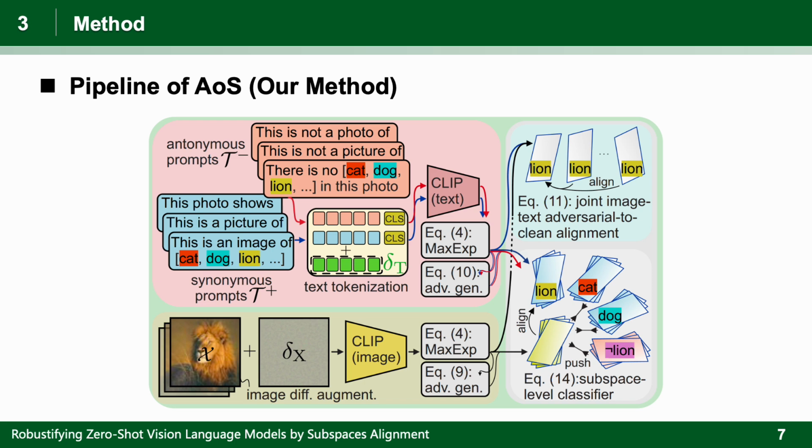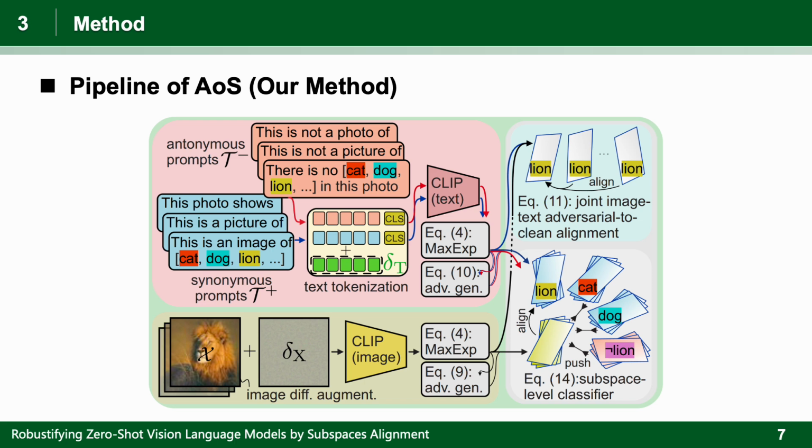And here we use CLIP to encode both the image set, original plus standard augmentations, and text prompts. We learn a universal adversarial perturbation for images and for text. This generates intermediate and final adversaries for each modality. From the image set, we compute clean versus adversarial covariances. From the text sets, we build class subspaces with MaxEXP for each class.